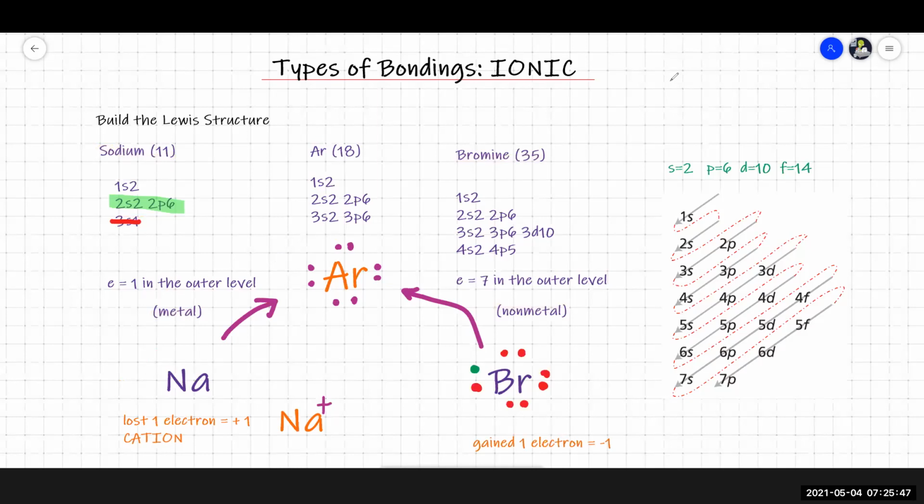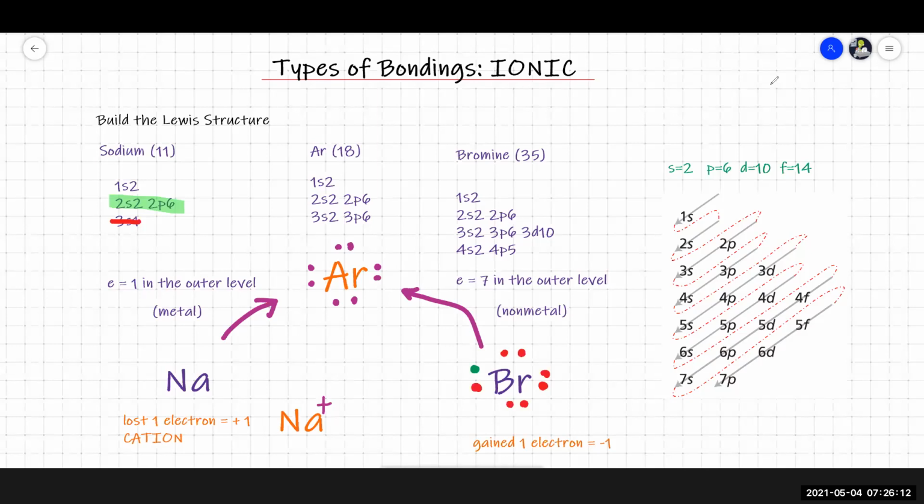So take a look. Bromine gaining 1 electron gives a charge of -1. Exactly. That's what I was going to say. So sodium lost 1 electron, and in chemistry, losing is considered to be a positive thing, okay?